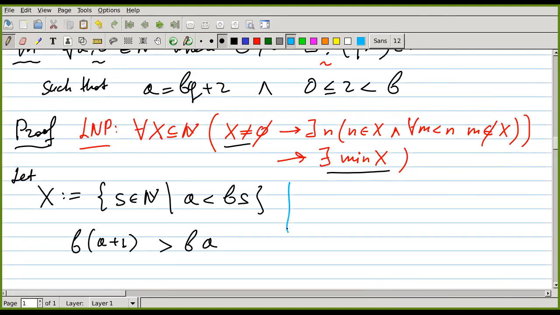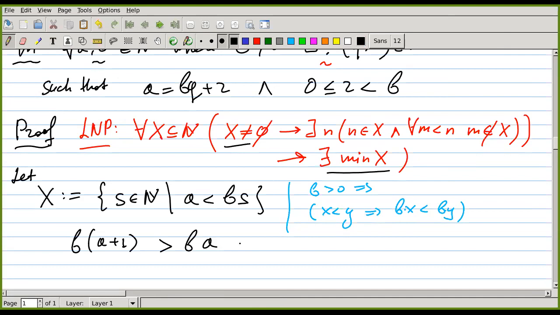Because of multiplication by a positive number: as b is greater than 0, from the fact that x is less than y, it follows that bx is less than by. It is another property of multiplication. Multiplication is monotone when you multiply by a positive number. Is it clear? Yes. So this one is greater than b multiplied by a.